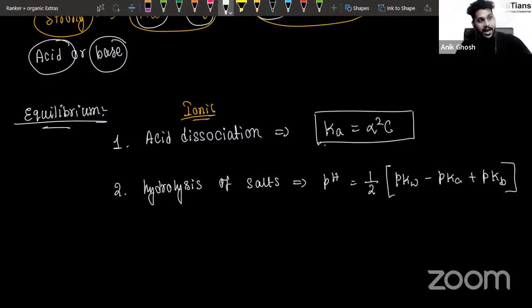If I talk about weak acid or weak base separately, then there would be half log C present in there. So just go through these particular formulas: pKw minus pK plus half log C for the acids. Acid means, when the acid is weak, weak acid strong base, strong acid weak base. You do understand what I am talking about? So go through those formulas.